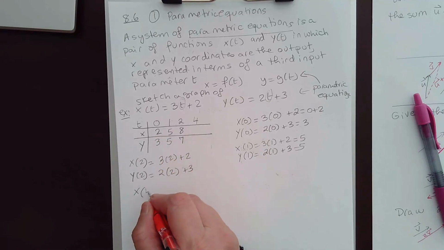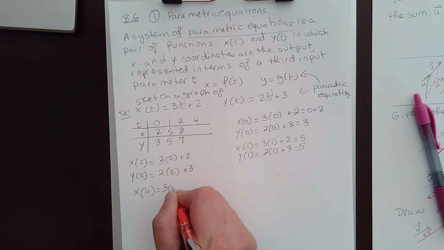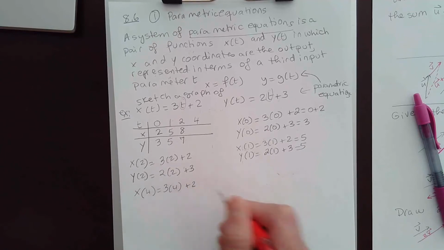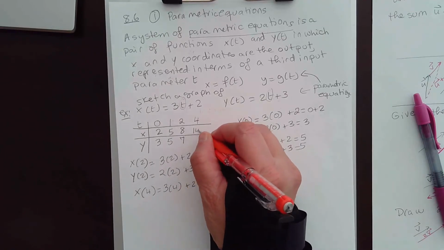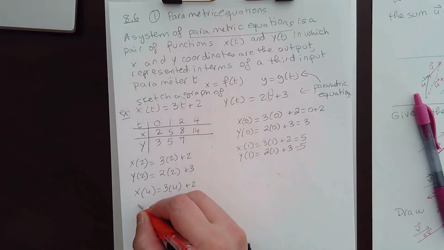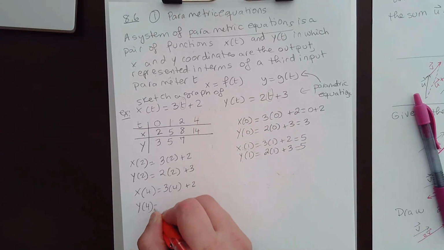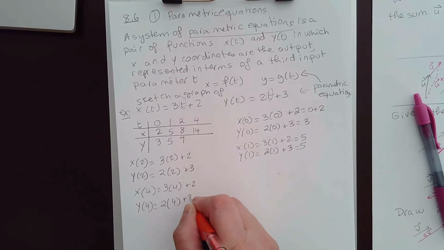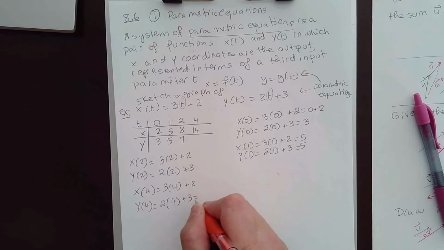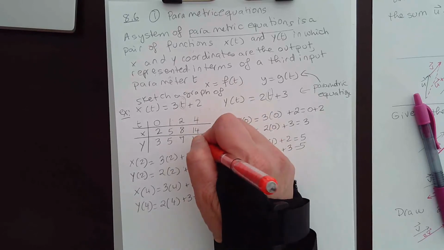So x4 would be 3 times 4 plus 2. 3 times 4 is 12. 12 plus 2 is 14. y4 would be 2 times 4 plus 3. 2 times 4 is 8. 8 plus 3 is 11. So this is becoming large, right?